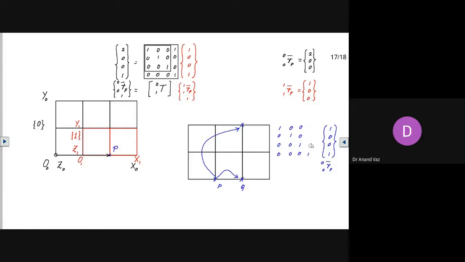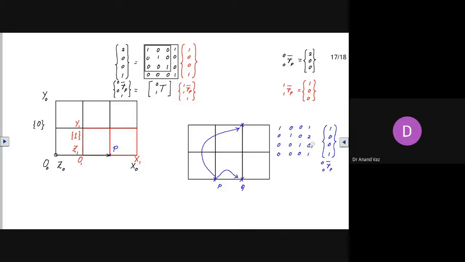Here, what is the vector that you will place here? 3 by 1: 1, 2, 0. So the shift will be 1, 2, 0.